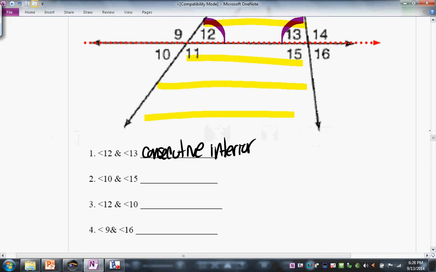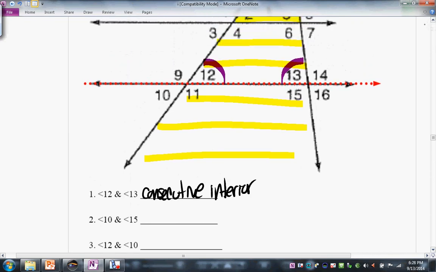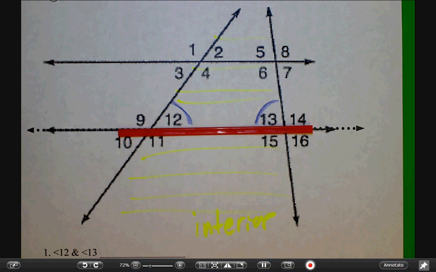Let's do 10 and 15. Same side of the stir stick, one in, one out.